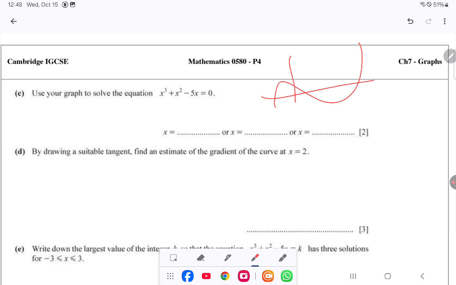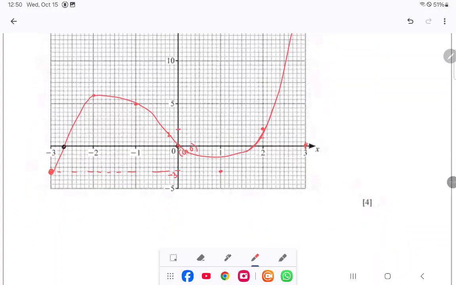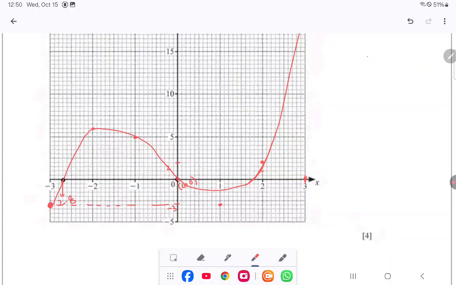In which the x-axis is cutting the line 3 times, 1, 2 and 3, and we have to find those 3 points, and for that we have to look into our graph for the 3 intercepting values. First, we can say that this is something like 2.8. We can say it is actually 2.75, but we can say it is 2.8.